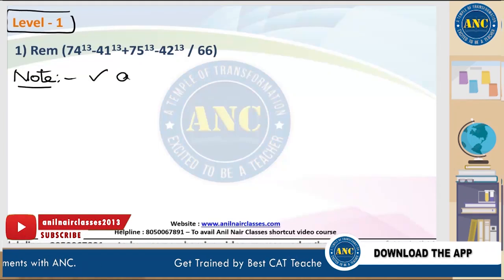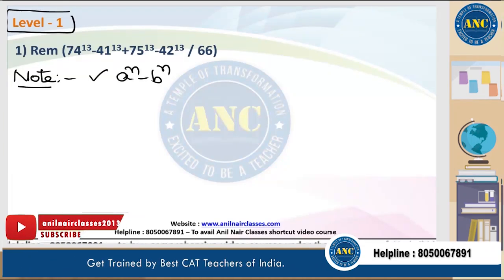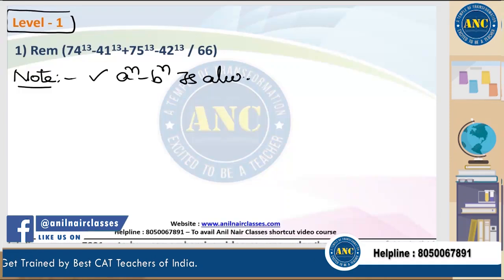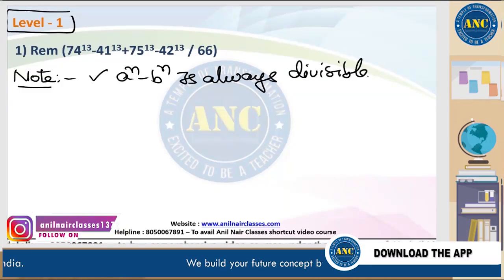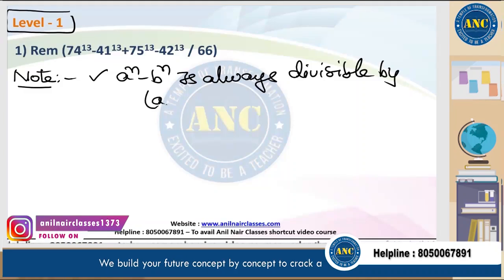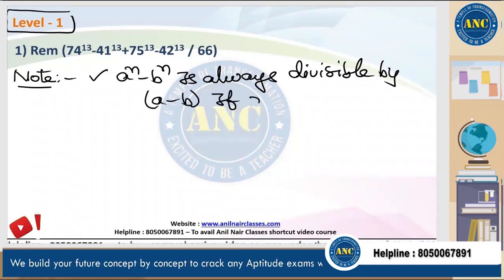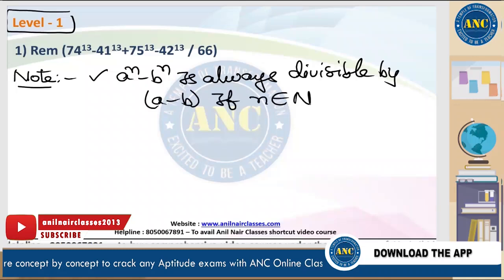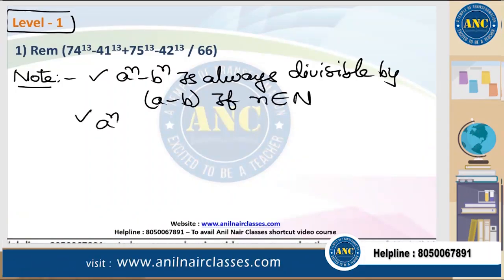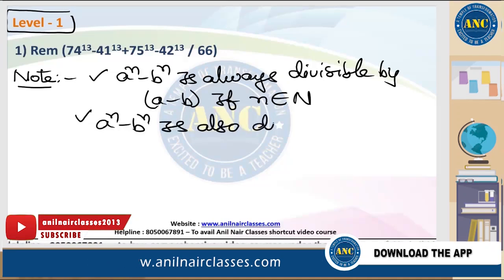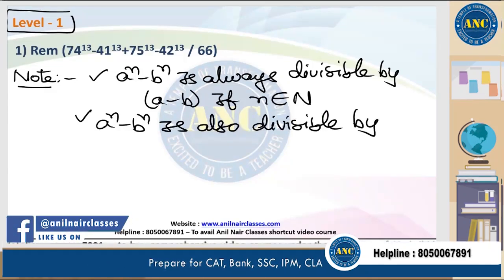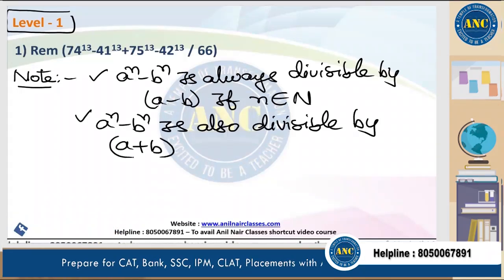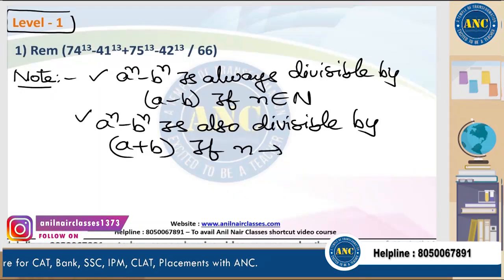Note. a power n minus b power n is always divisible by a minus b if n is a natural number. a power n minus b power n is also divisible by, that means in addition to getting divided by a minus b, it is also divisible by a plus b if n is an even number.